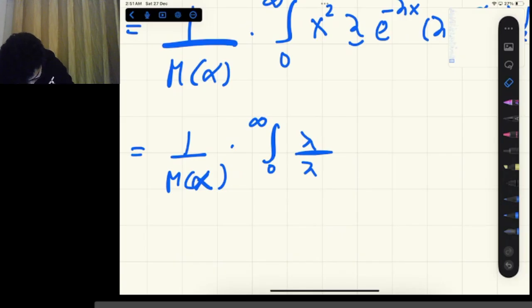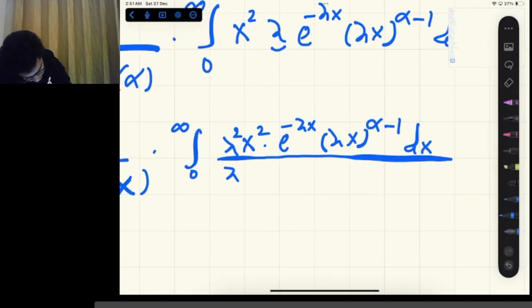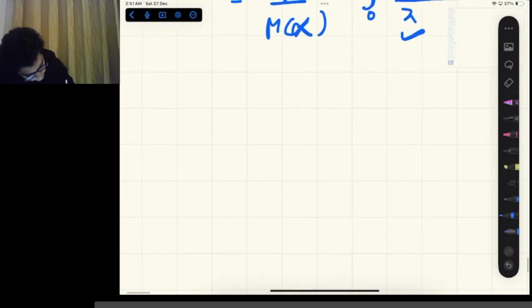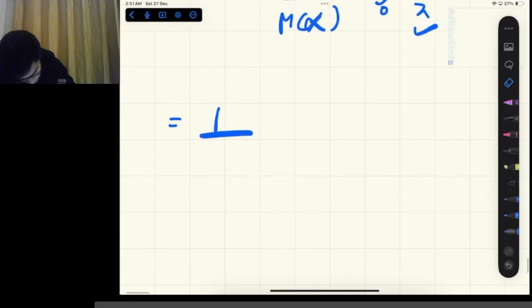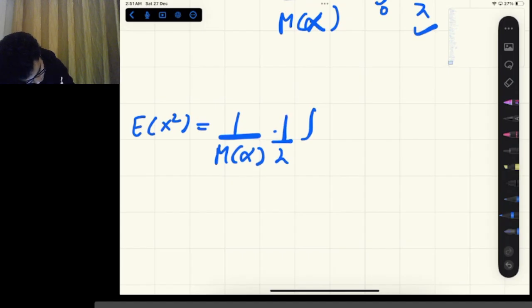So I'll be getting lambda square x square e to the power minus lambda x and lambda x to the power alpha minus 1 dx. So this lambda is a constant term, I'll just take it out from the integral, and I'll be left with 1 upon lambda.